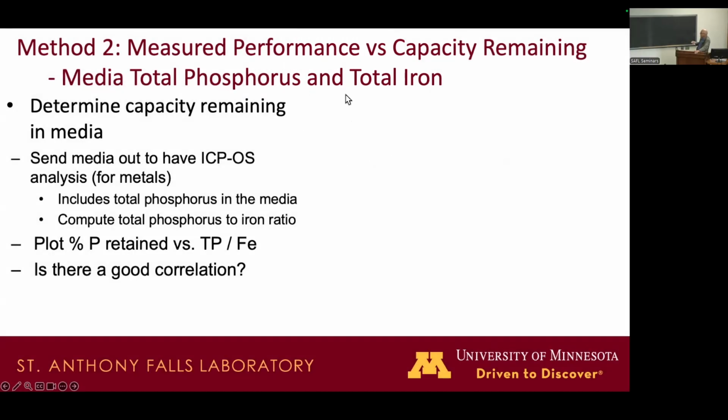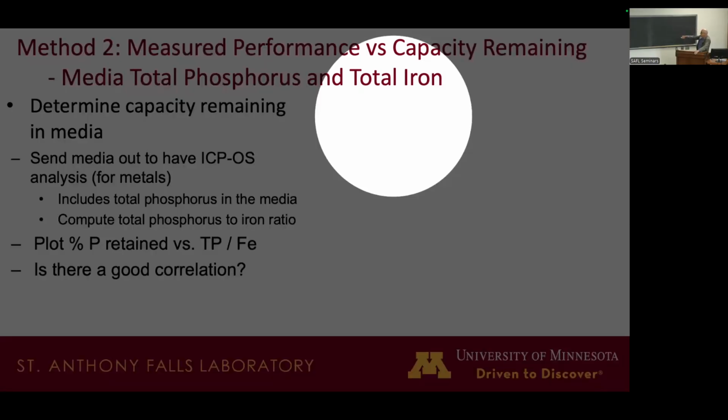So that would mean we send it out for an ICP analysis. That's the easiest thing to do. You sample your media, you send it to a laboratory, they do ICP analysis. It's kind of a standard method. They do it for metals, but in fact, they also give you phosphate, total phosphorus. And the total phosphorus is getting more and more accurate with these new ICPs. So you can measure total phosphorus, and that's what we did.